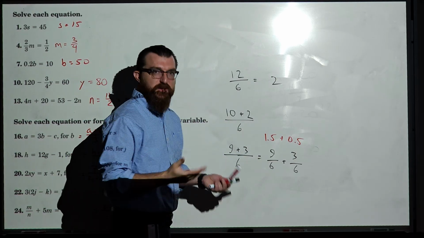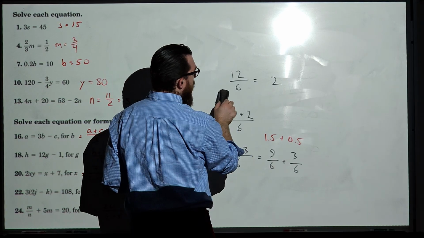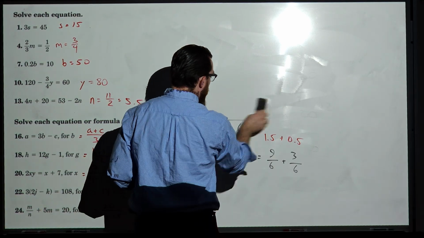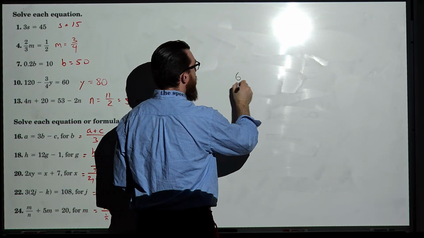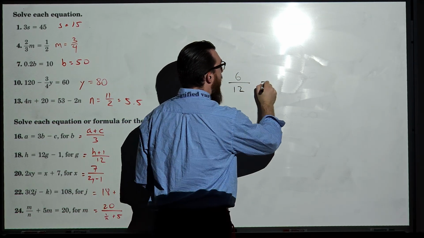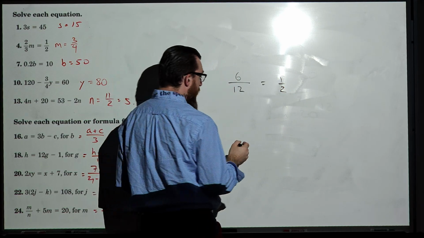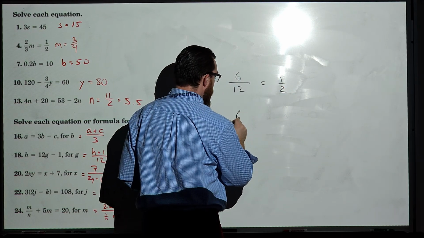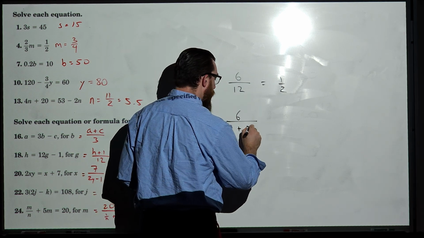All right, now let's try that in reverse, okay? If I were to take 6 over 12, we know that that is 1/2. Okay, now let's try that like this. 6 over, again, 9 plus 3.